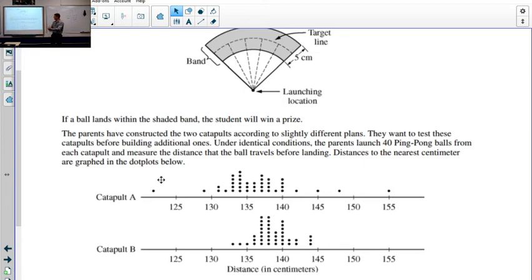Talk about center. Where is each of them centered? If you know how to get the median, figure that out. And talk about spread. Is one of them more spread out or packed more tightly together than the other? These are all things that you can describe and talk about with this data. So take a minute or two and write about 2 or 3 sentences and see what you can mention. Answer coming in 3, 2, 1.